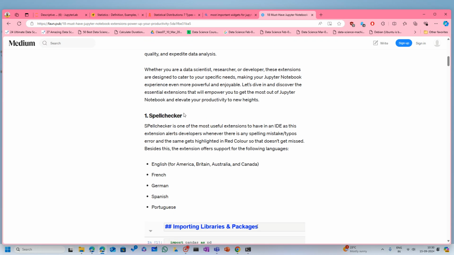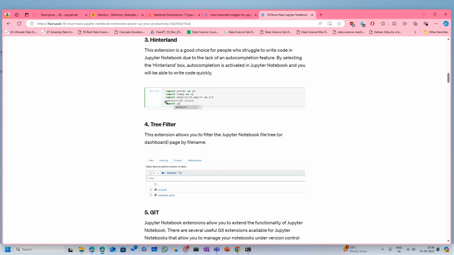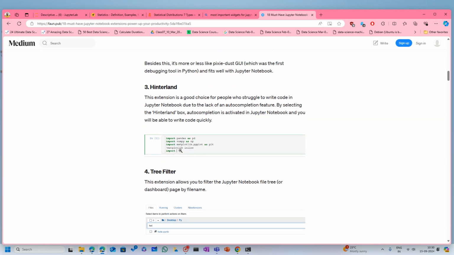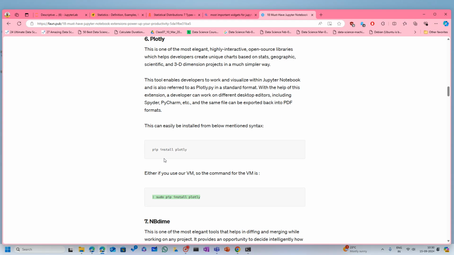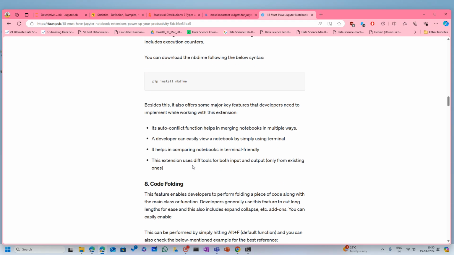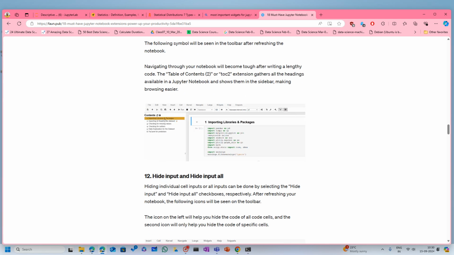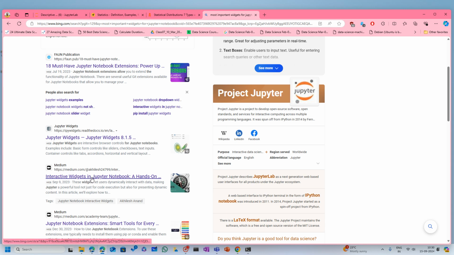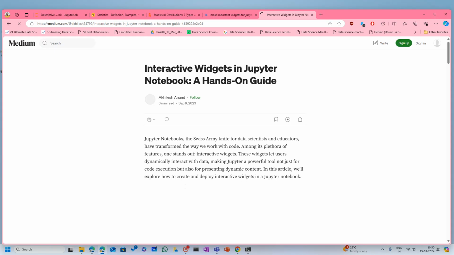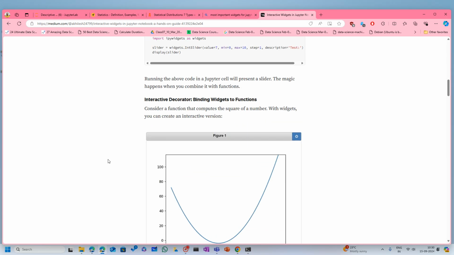You can use a spell checker, you can use a debugger, and Hinterland, where if you type the first letter it will highlight. You can use Tree filter, Git, Plotly, nbdime, code filters. There are so many. Now I think this is much older information. This is 2023 information, and I've seen even better interactive widgets. When you do a data analysis, you should use them.